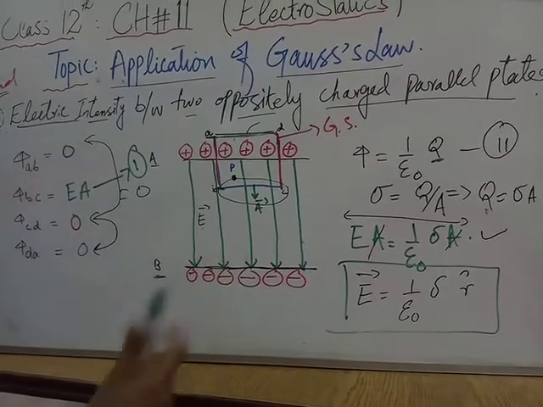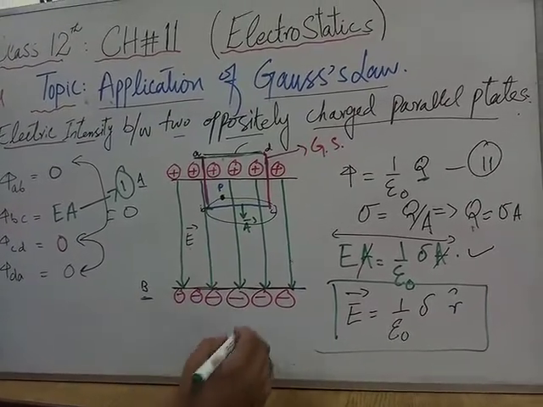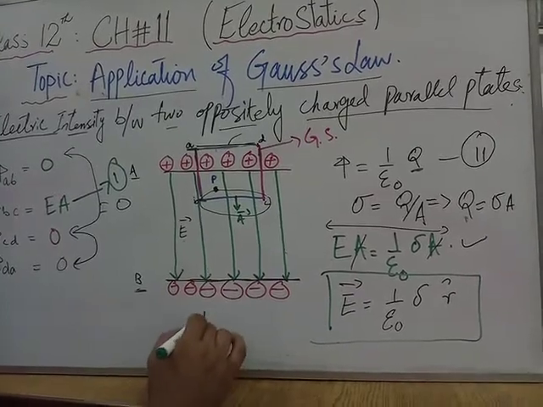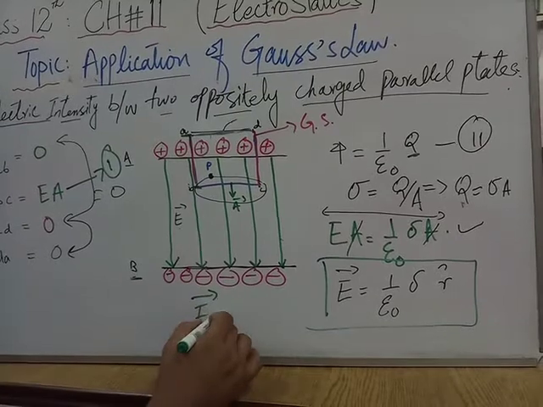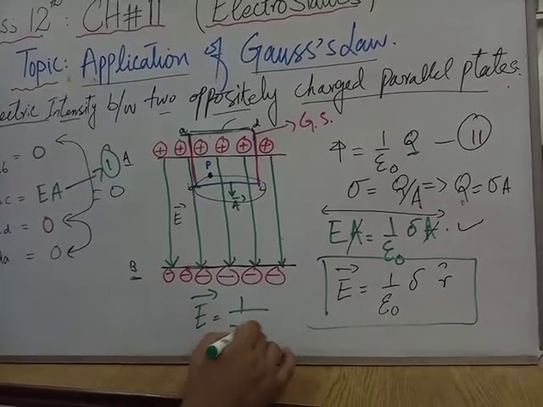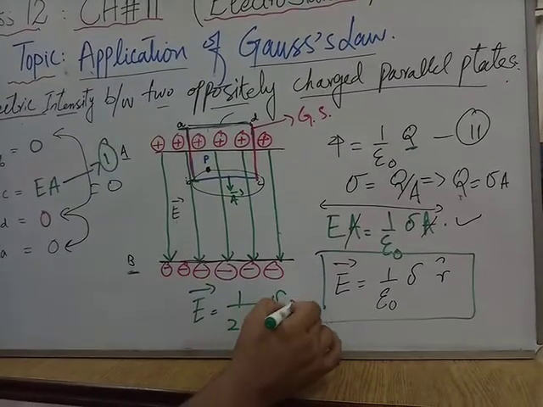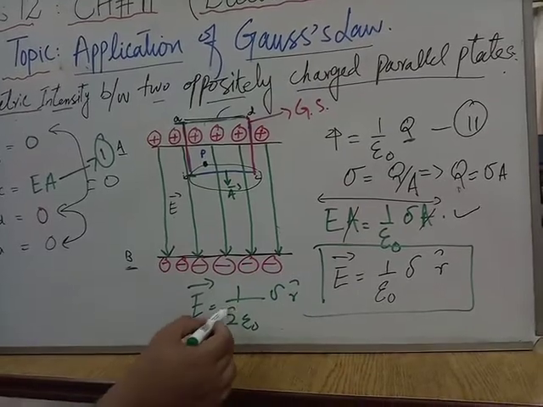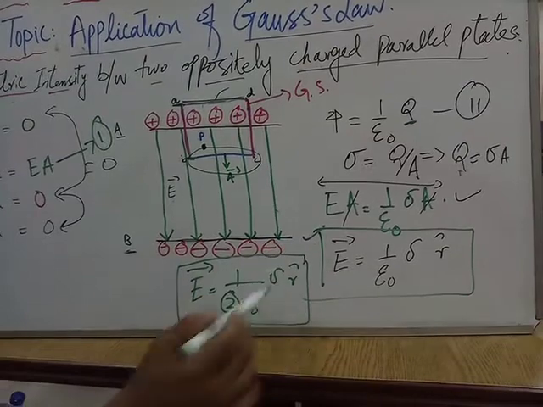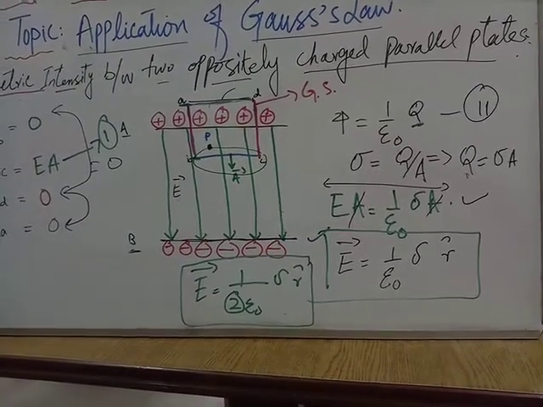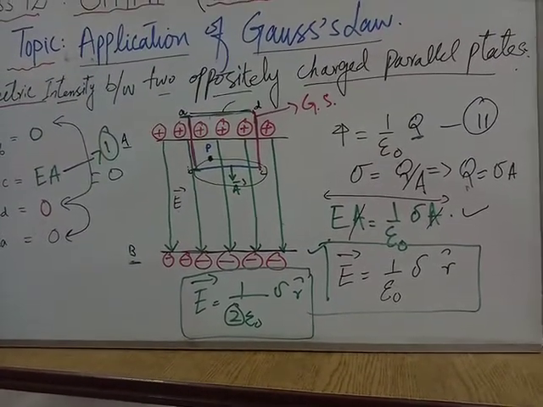So remember this formula. We find two values. The other is E for an infinite sheet of charge, which is equal to sigma over 2 epsilon naught times n-cap. So here only the 2 is extra. These are two important derivations, and they are used in MCQs also.